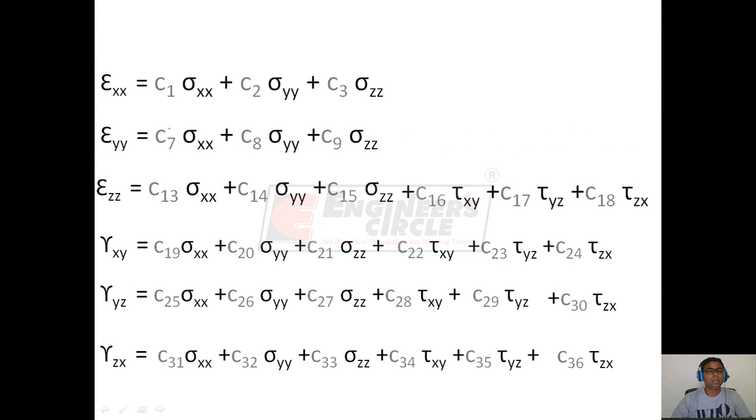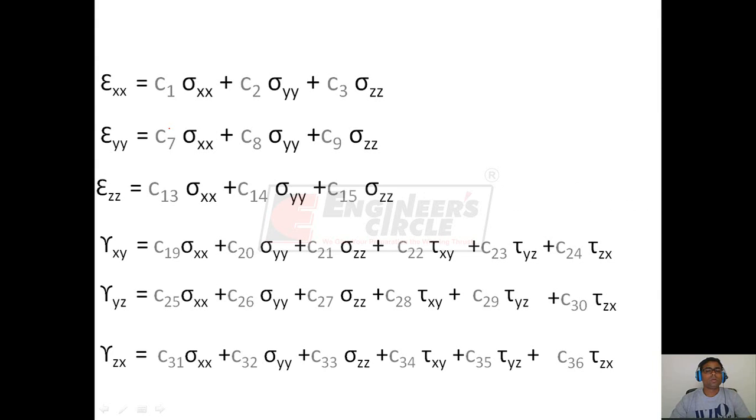Similarly, epsilon zz depends only on normal stress components and does not depend on shear stress components. That is, for a linearly elastic and isotropic material, the normal strains depend only on normal stresses and not on shear stresses. Therefore, C16, C17 and C18 will also become 0.